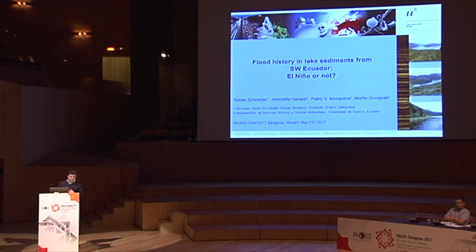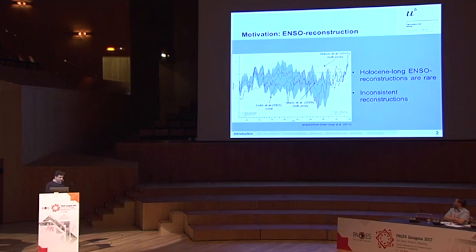ENSO reconstructions, however, help to extend the empirical evidence of ENSO beyond instrumental data. This figure from Émile G. and colleagues in 2013 shows an overview of different El Nino or ENSO reconstructions, multi-proxy as well as single proxies, and also different models for the last 1,000 years. One can hardly see it here.